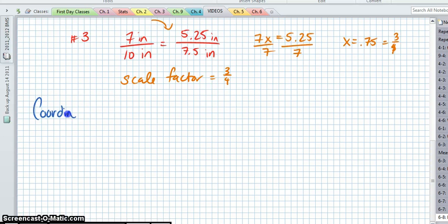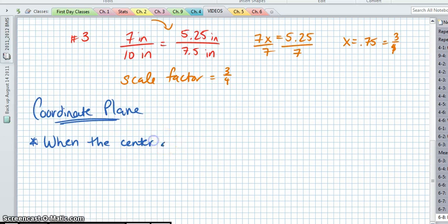So again, talking more about the coordinate plane in general. So the center of a dilation on the coordinate plane is the origin, and all of the dilations we are going to be looking at will have the center at the origin.